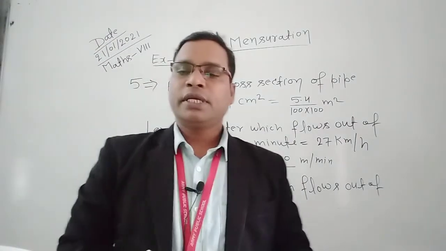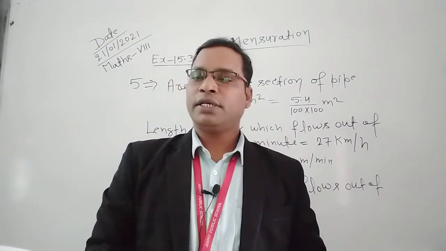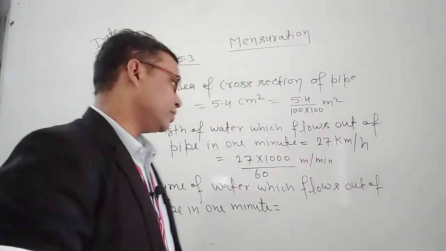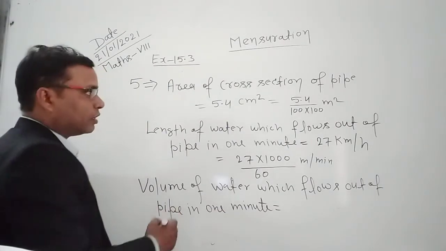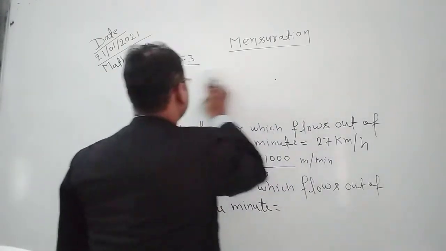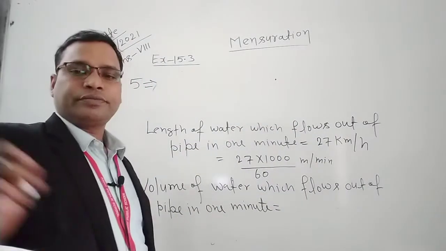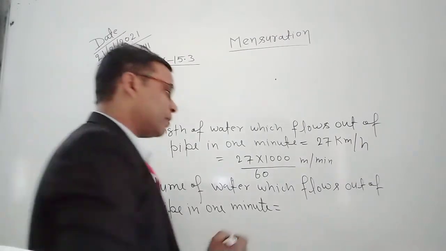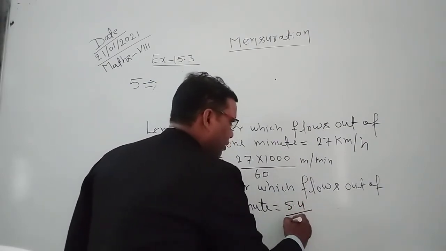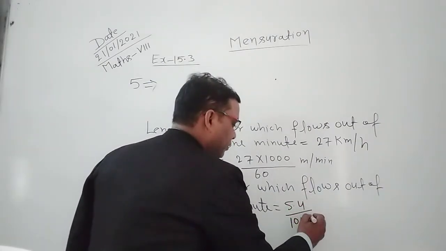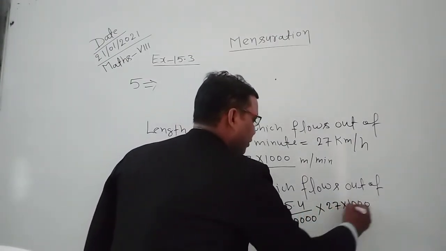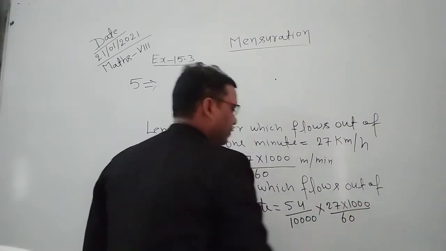If you multiply cross section area into rate, then you get your answer. So this is equal to, we can write, 5.4 into 10,000 into 27 into 1000 divided by 60.